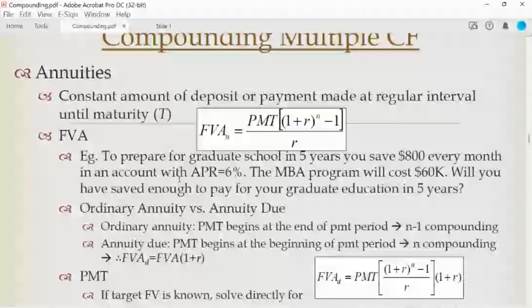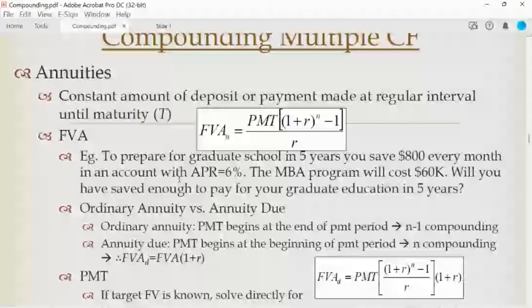You cannot do it this way. If you want to accumulate to something, you have to make a regular deposit at regular intervals. So every month, at the end of the month, $800, and the current APR is 6%.